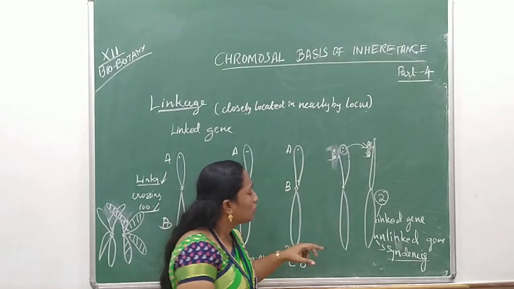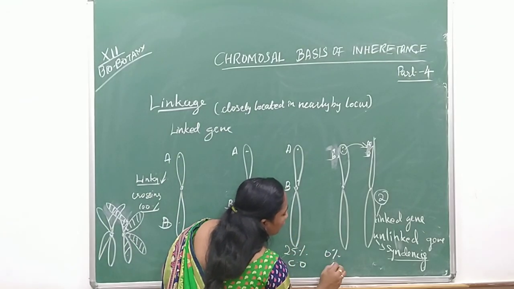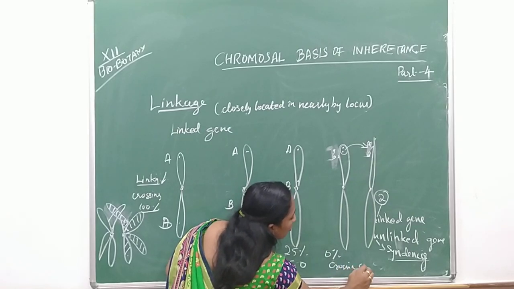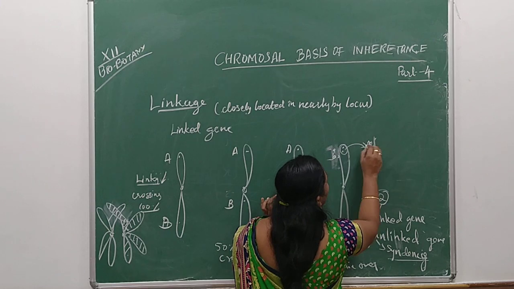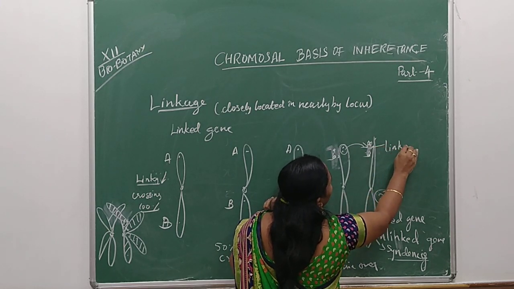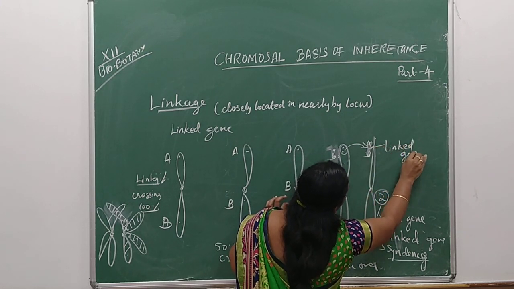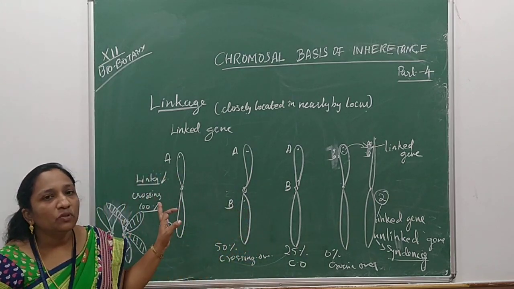So here there is 0% chance for crossing over, because this is called a linked gene. Children, clear up to here?